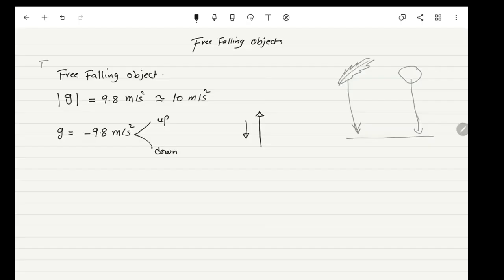For example, if we throw an object up, it has an acceleration downward. But if we throw an object downward, again it has an acceleration downward. So in either case, the acceleration is directed downward, and it's equal to minus 10 meters per second squared.